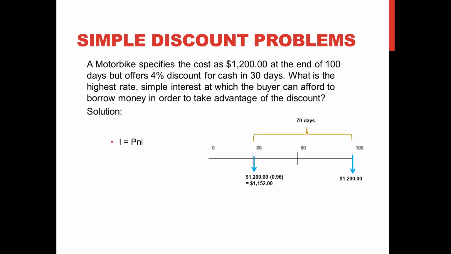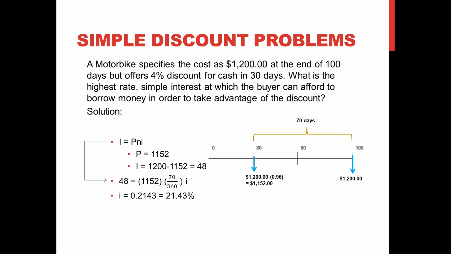So that shall be used in the equation. So basically, I is equal to the difference of the future and the present. So we have $48. From that, we can use the formula and solve for I. So I will be equal to 21.43%.